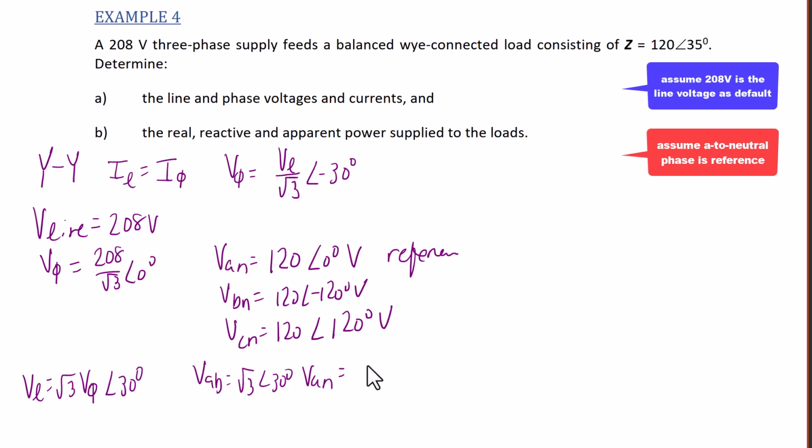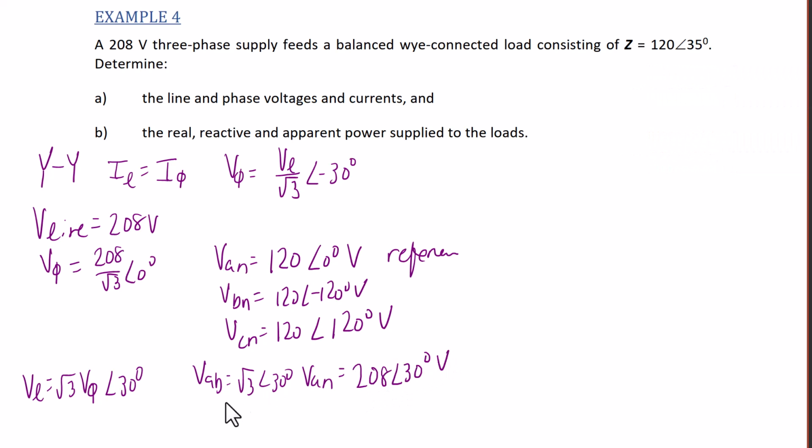So VAB is equal to 208 with an angle of 30 degrees, and the units are volts. And then you phase shift each one by 120. So VBC would be 208 with an angle of negative 90 degrees, and the units are volts. And then VCA would be 208 with an angle of negative 210 degrees, and the units are volts.